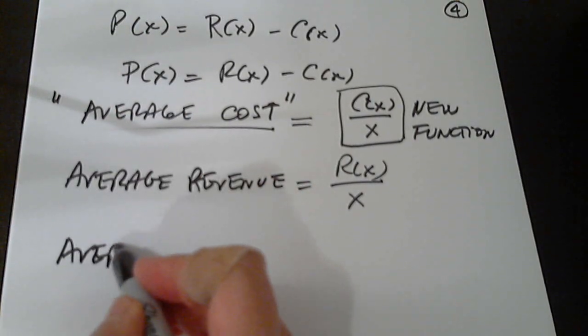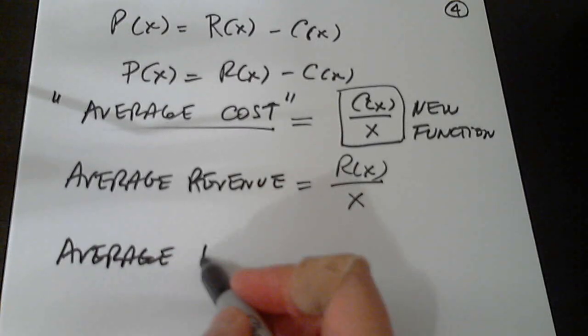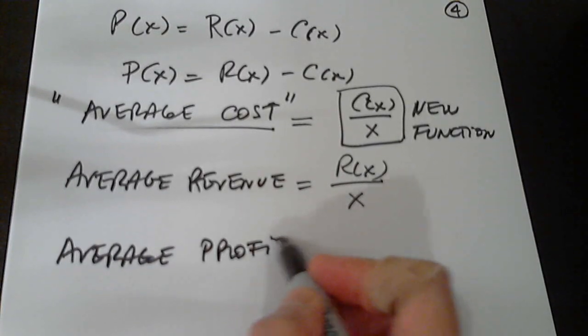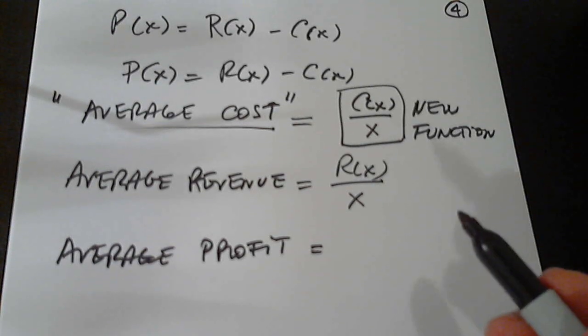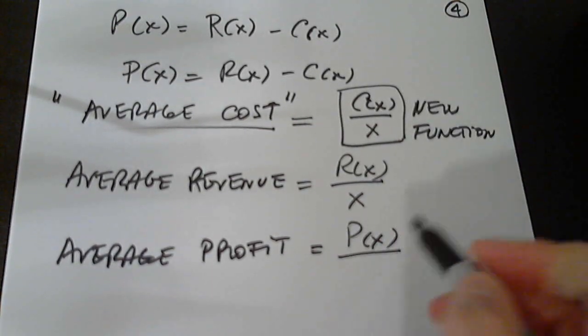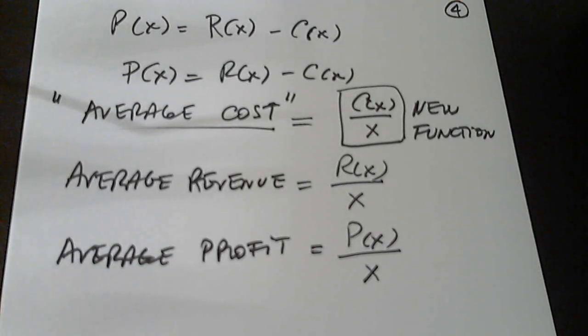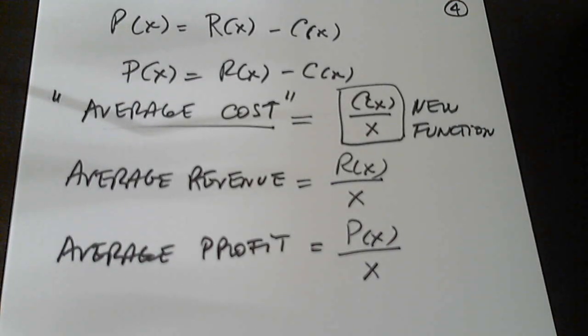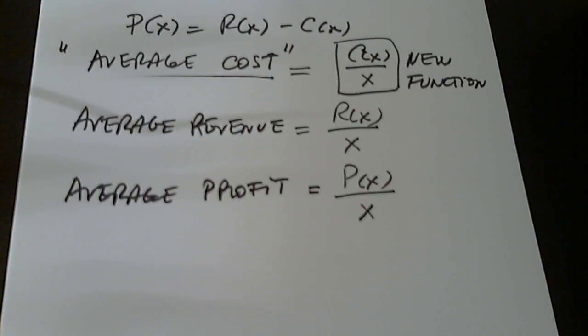The average profit is a new function. We have never seen these three functions before. Of course, it's the profit divided by the number of units manufactured and sold.